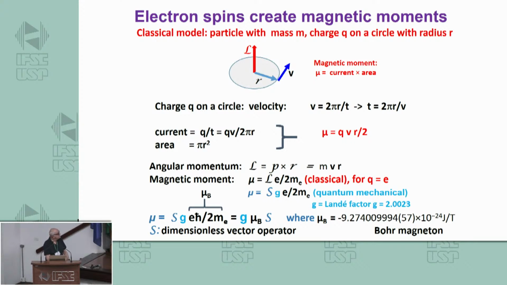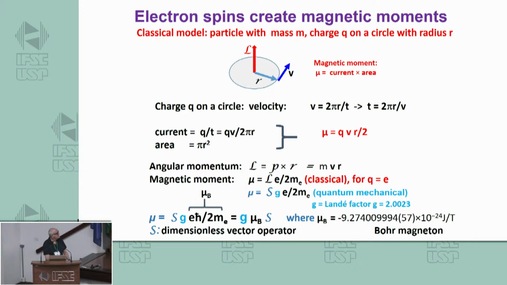So that's a classical model, but an electron is not a classical particle, and in this case we would have to replace this equation by this equation. Now S is the electron spin angular momentum, and g is now a factor with which we have to multiply this e over 2m.